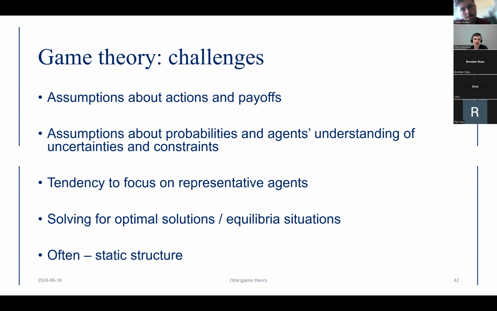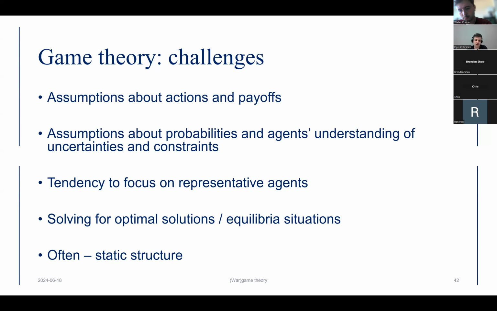Then another criticism is the tendency to focus on representative agents, especially with individual or firm behavior. You say, okay, there is a representative firm, a representative person, and this is what they would do in a particular situation.